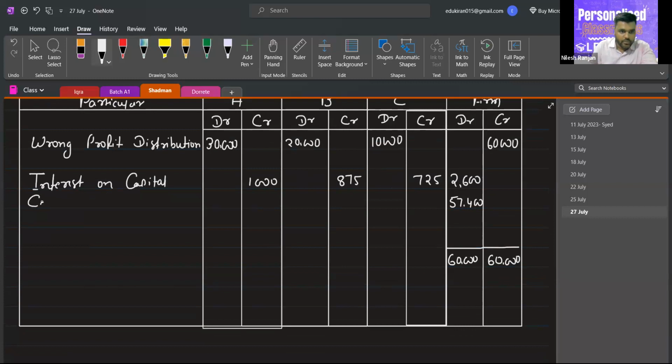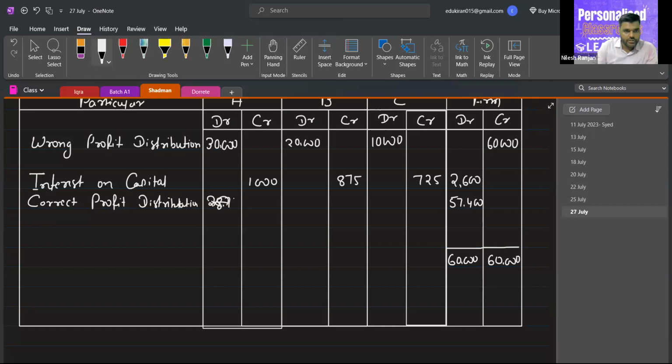And now the correct profit distribution. This is our correct profit. So in 3:2:1, we have to divide it. So 57,400 divided by 6 is 9,566 into 3, 28,700.